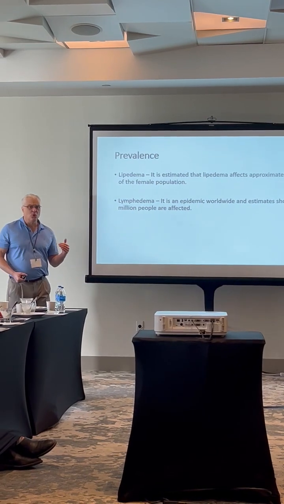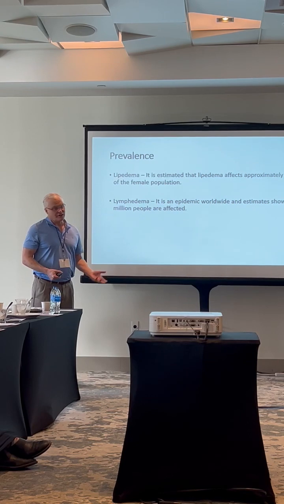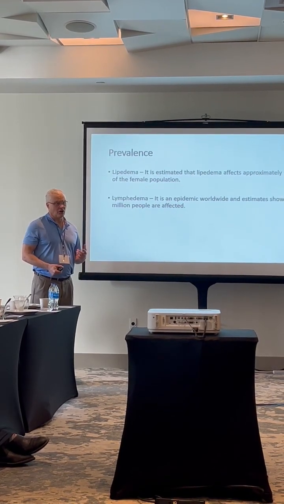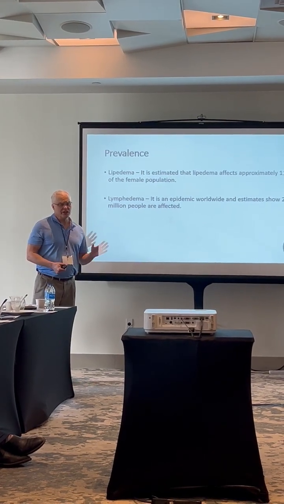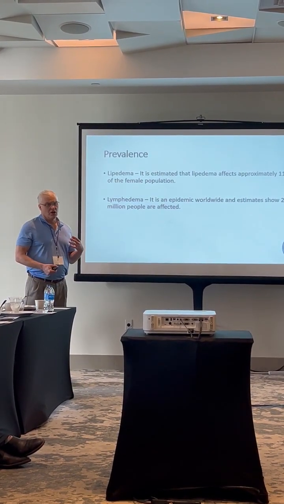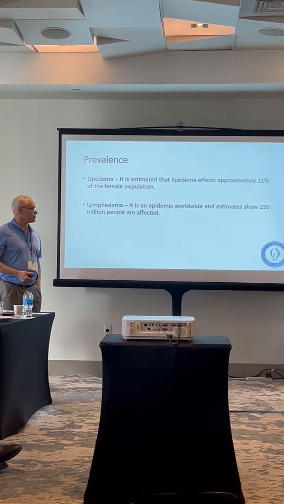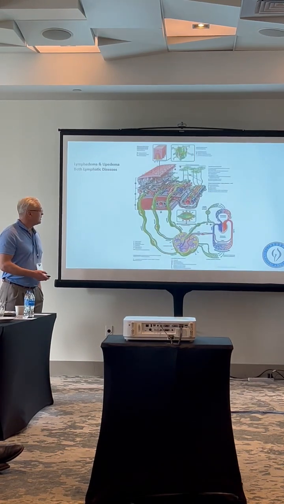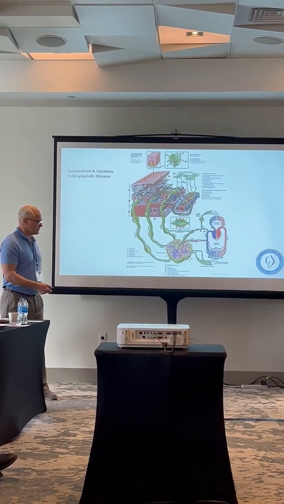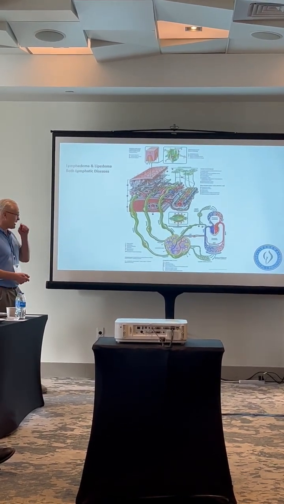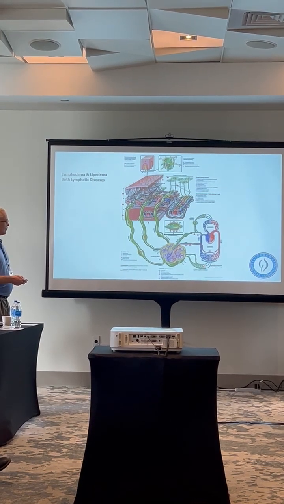It's actually much more common than we think, because, as you know, the two biggest causes that were really not fully appreciated until relatively recently are obesity and venous disease as causes of lymphatic dysfunction. This is just my favorite slide because it's got lymphatic production in there.